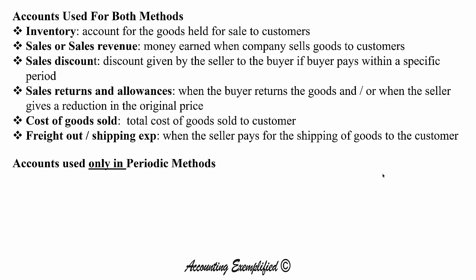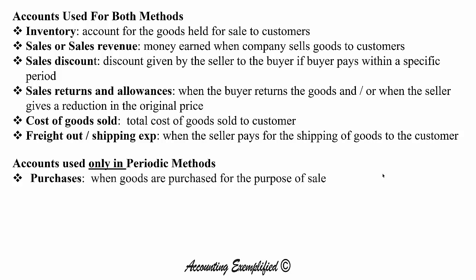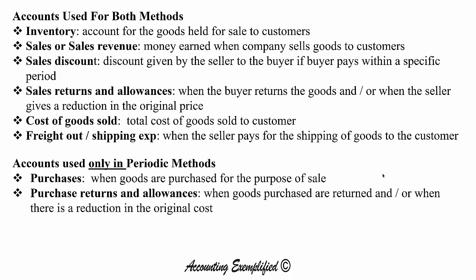And accounts that are used only in the periodic method. Purchases. This is when the goods are purchased for the purpose of sale to the customer. That is when the company buys merchandise. The dollar amount of the purchase of the goods will go into this account. Purchase returns and allowances.